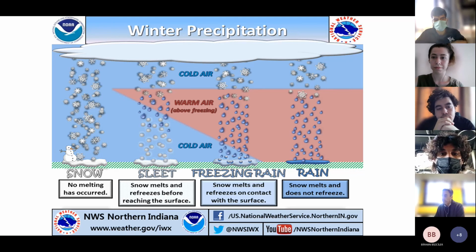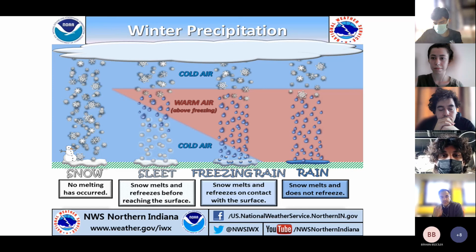Okay. And finally, if the lower part of the atmosphere is warm enough, meaning temperature is more than 0 degrees, what will happen? Snowflakes will melt, and we will receive raindrops, and it is called rain, usual rain.